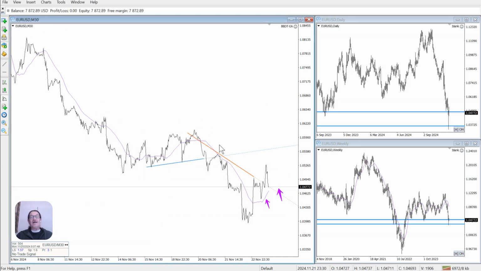What I like about this particular tool is that it not only draws trend lines, as you can see, but it automatically adjusts it. So it's not cluttering up your chart with line after line after line as time progresses. It literally adjusts to your chart and to price as price continues to move. It's absolutely beautiful.